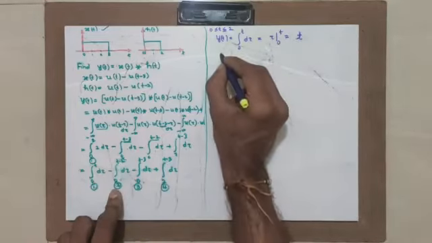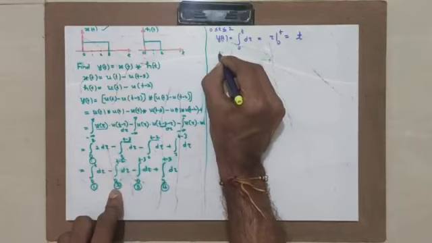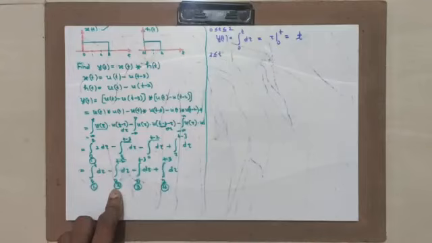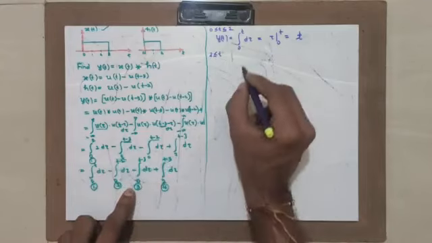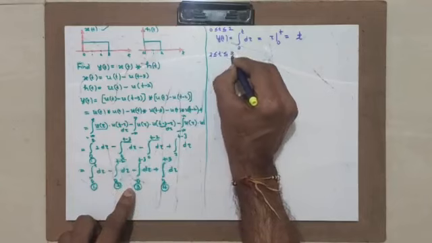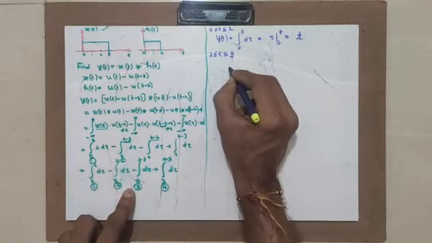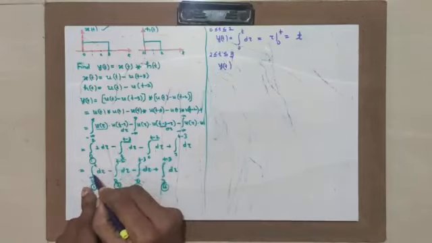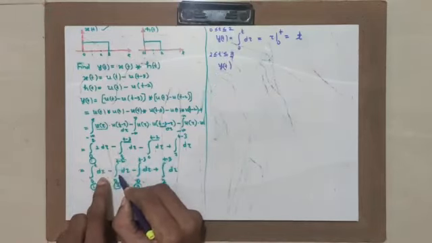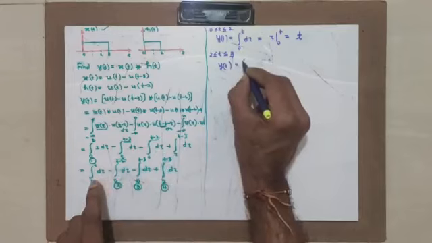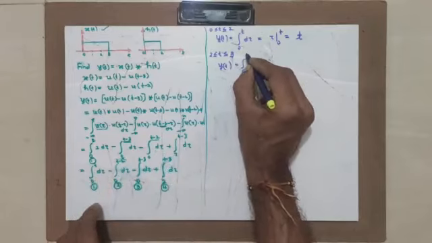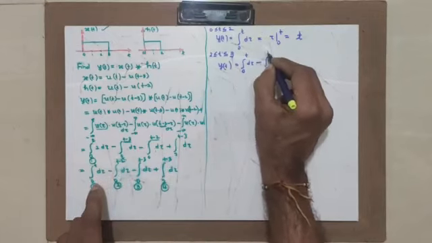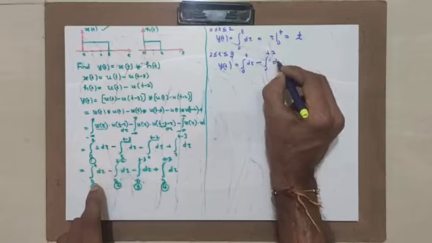Okay. Now, let us take the second. t can be greater than or equal to 2, and it can end at 3, less than or equal to 3. What happens in the second? For y of t, the first integration is already present. Along with that, the second integration also adds: y of t is equal to 0 to t d tau minus 0 to t minus 2 d tau.